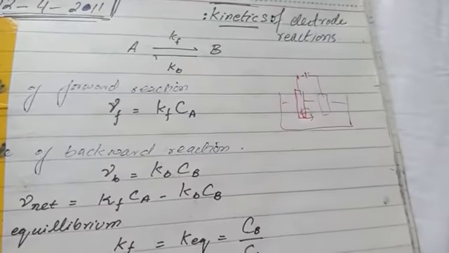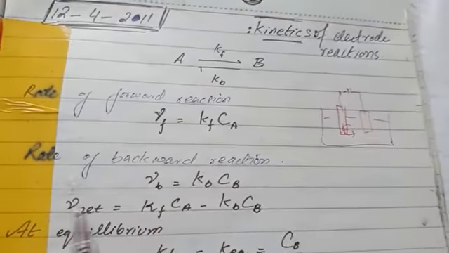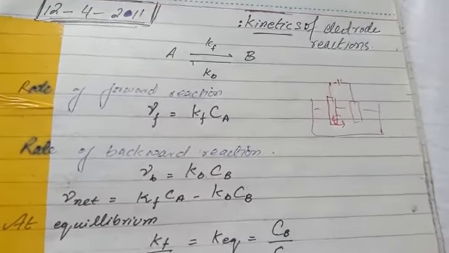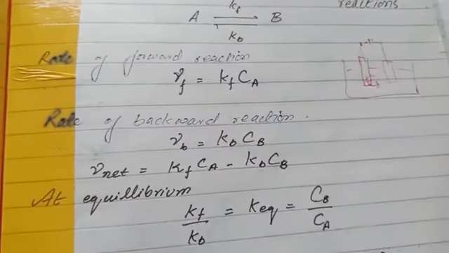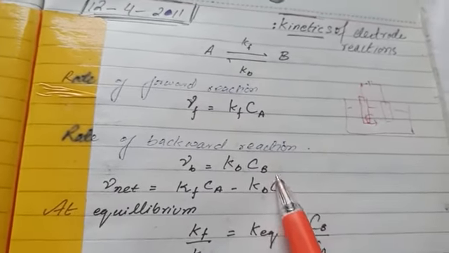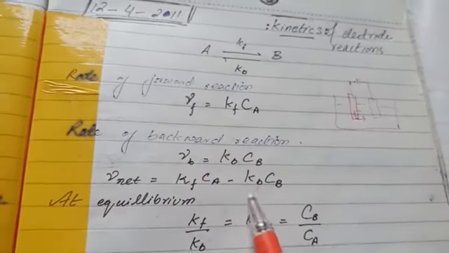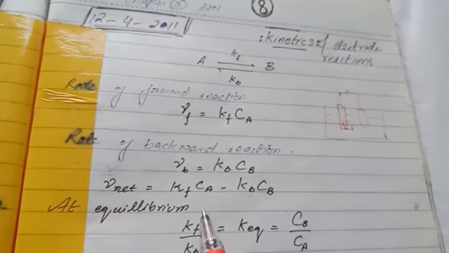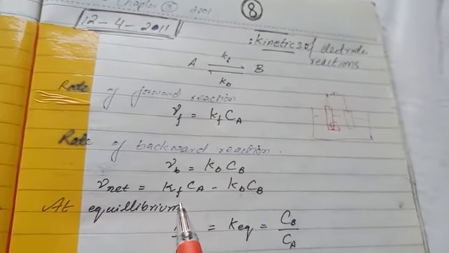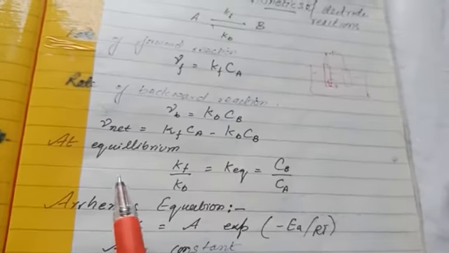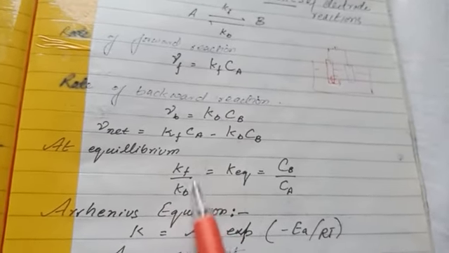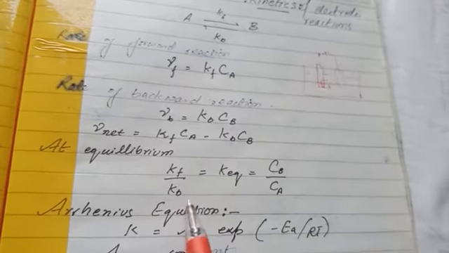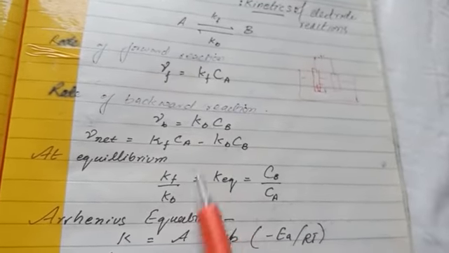So the forward rate constant, rate of reaction expressed in terms of the forward rate constant is written here, and we have a rate of backward reaction with backward rate constant, and the overall net change in the rate of reaction is the rate of forward reaction minus rate of reverse reaction, and at equilibrium we know that the rate of forward reaction over the rate of backward reaction is equal to the K equilibrium.